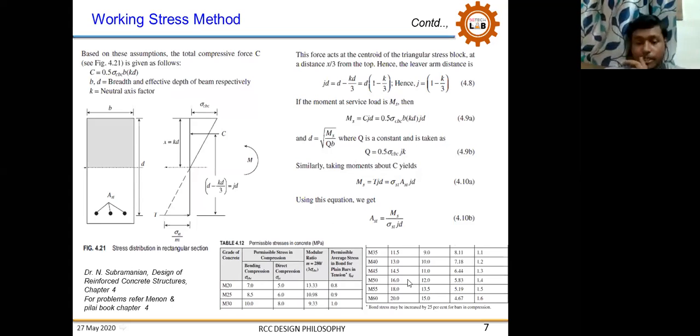So this is very simple, and sigma CBC is nothing but the permissible stress in the concrete. IS 456 gives a complete table about how this is created and their values. Here you can see the bending compression value for various grades of concrete, where M is mix and the number gives you the concrete grade.